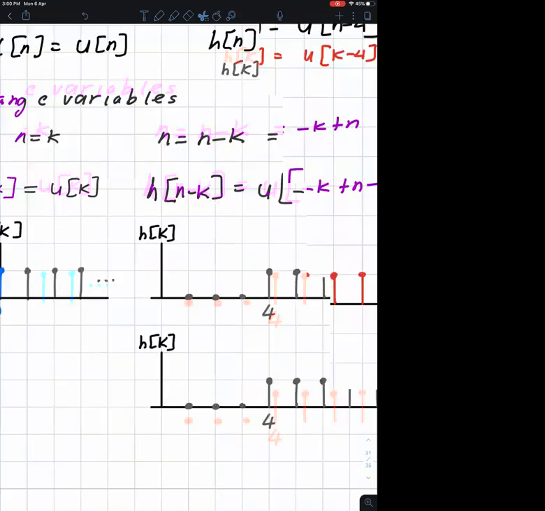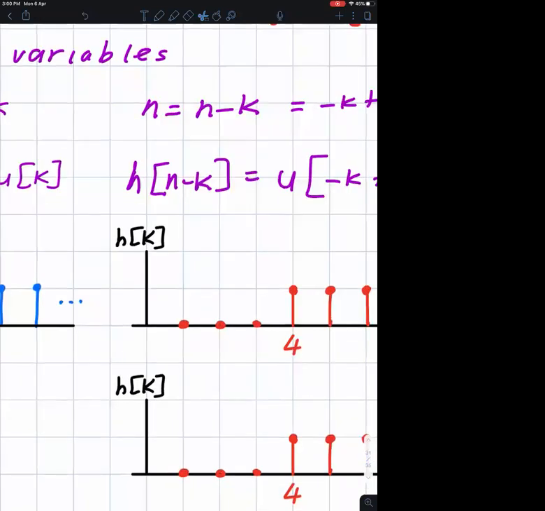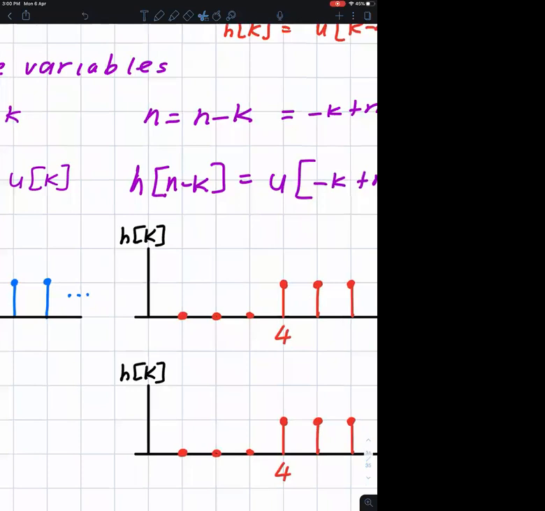Or before doing that, let's sketch h of k plus n.